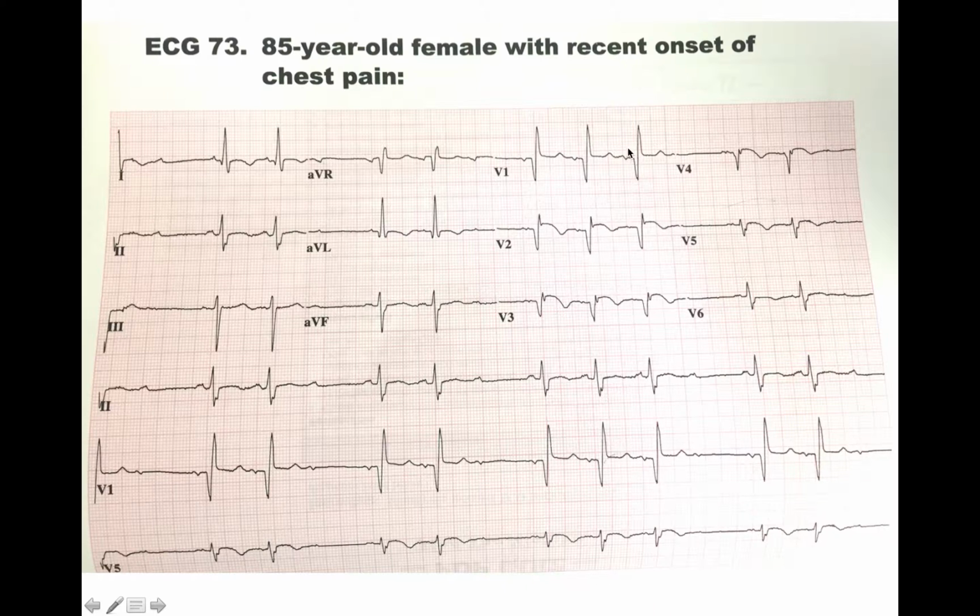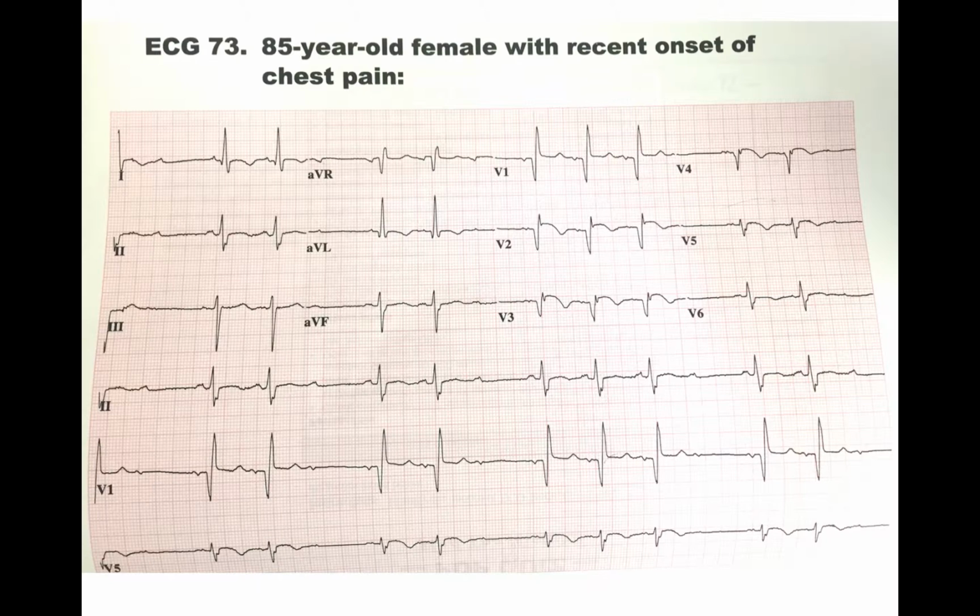If we look here, the ratio is slightly altered, but the majority is going to be 3 P waves for every 2 ventricular contractions. So we can say that this is a 3 to 2 second degree Mobitz type 2 AV block.